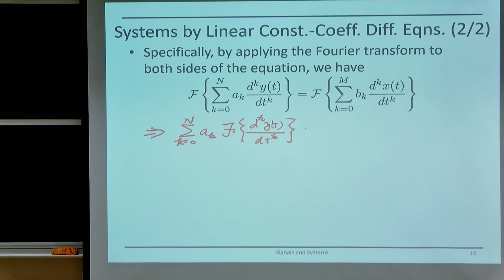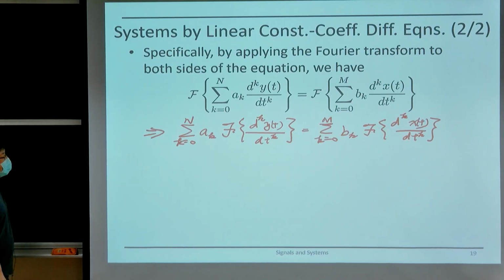And this is equal to the summation k from 0 to m, b_k, the Fourier transform of the kth derivative of x.